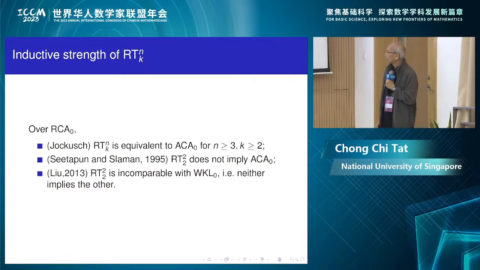In other words, there is a model of Ramsey's theorem for pairs such that in that model, not every infinite finitely branching tree has an infinite path. There exists an infinite finitely branching tree without a path, at least within that model. So that shows that Ramsey's theorem for pairs, relative to weak Koenig's lemma, is not particularly strong.